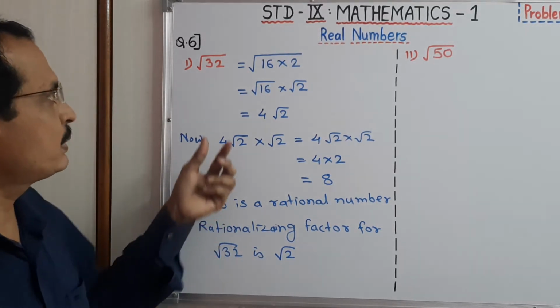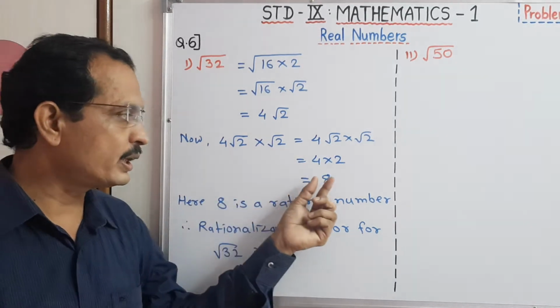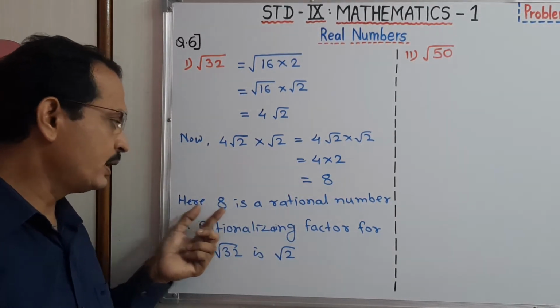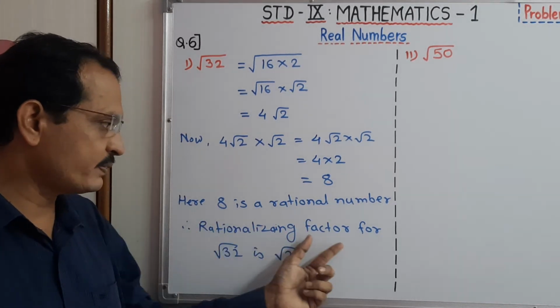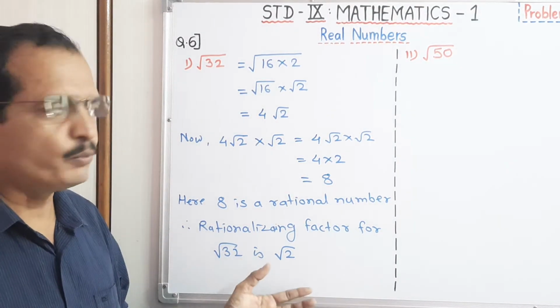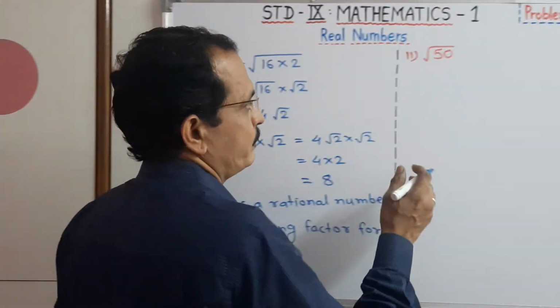Because if we multiply this root 32, that means 4 root 2, with root 2, we get the answer 8, a rational number. Therefore the rationalizing factor for root 32 is root 2. In the same way we have to solve the other surd, that is root 15.